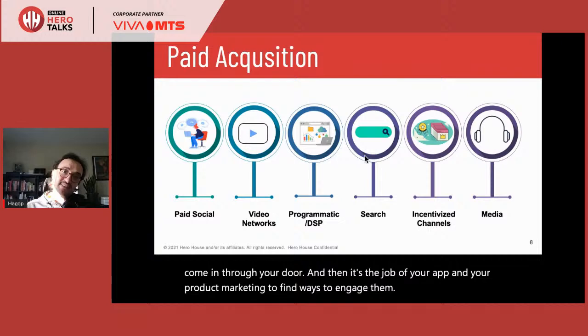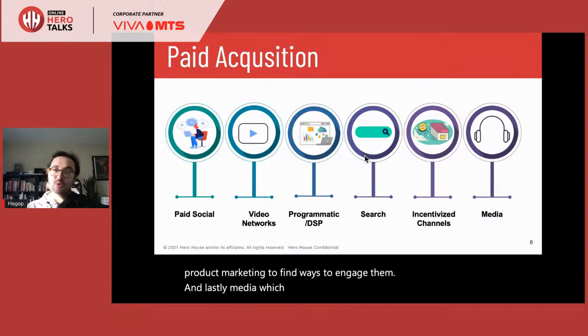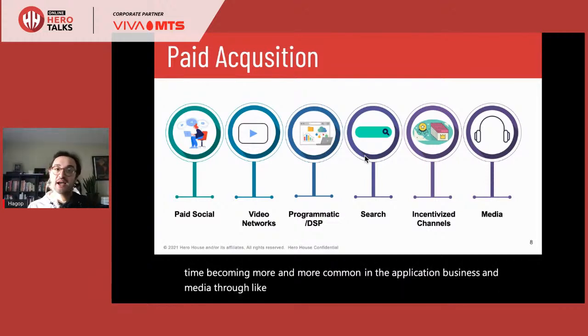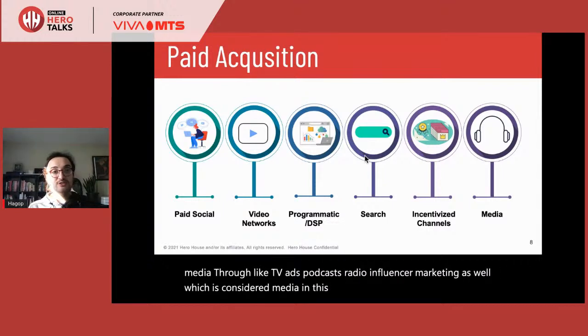And lastly, media, which is, I would say, not very common, but over time it's becoming more and more common in the application business. And media through TV ads, podcasts, radio, influencer marketing as well, which is considered media in this case, OTT as well.